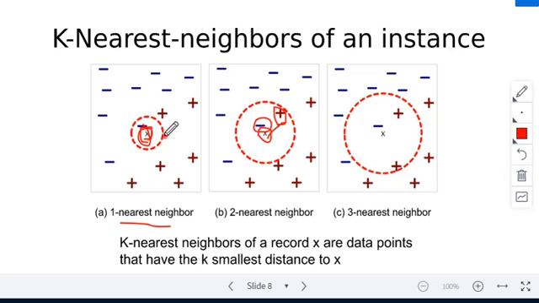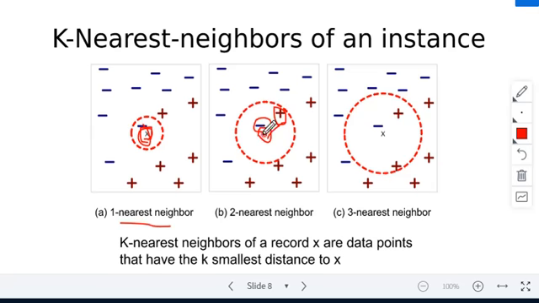You can observe here in the first place, one nearest neighbor, by default it is telling which is near, and the test data belongs to that class only. When we take two nearest neighbors, there will always be a tie. Suppose both are plus, both are positive labels, no issues. We can clearly tell it belongs to this category.